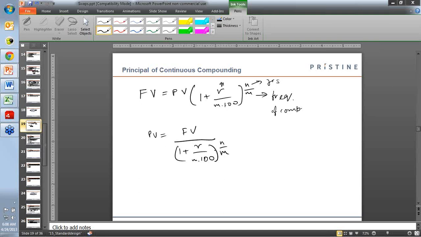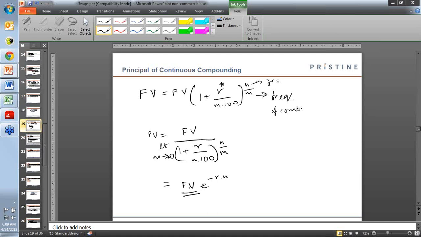In continuous compounding, the frequency of compounding is constant, that is, every instant the payments are getting compounded. So m is basically the limit as m goes to infinity. If you recall the concepts of limits and continuity, the formula transforms to e to the power r times n. So in the case of continuous compounding, we only need to use this formula.